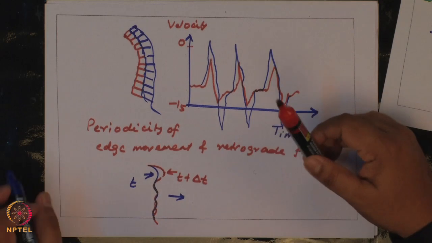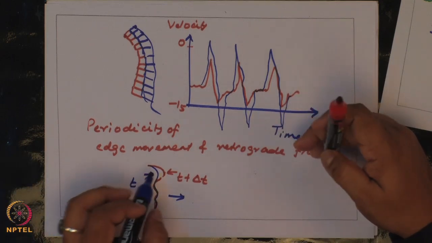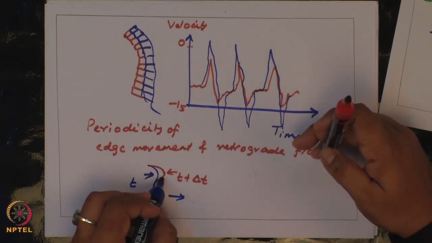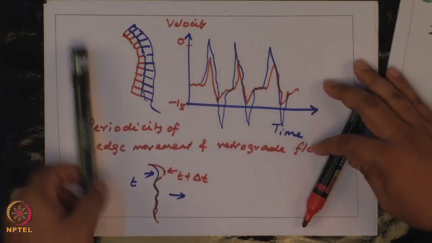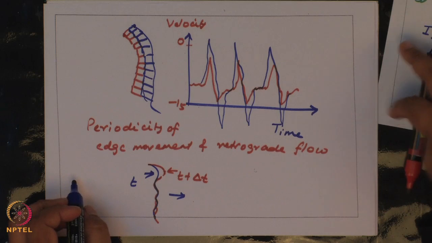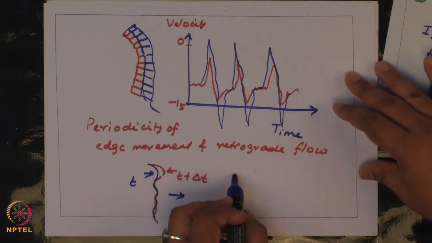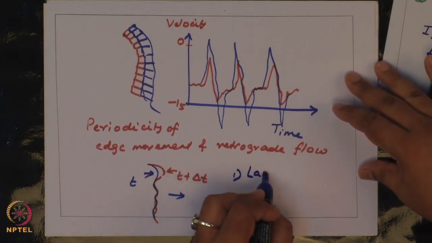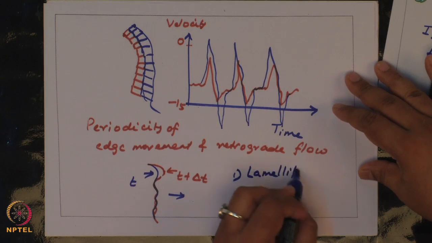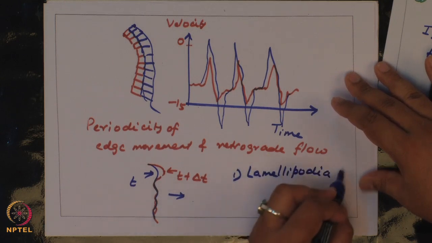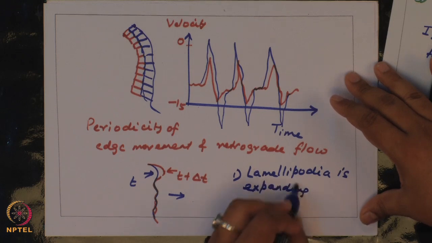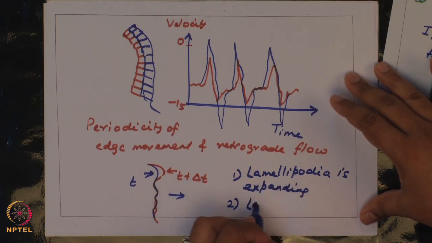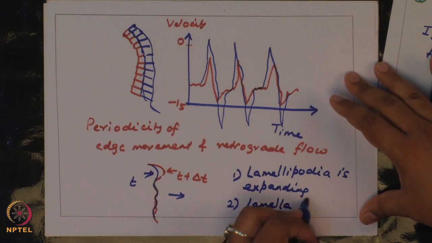For this protrusion to happen locally, one possibility is the lamellipodia is expanding, or the other possibility is the lamella is expanding.